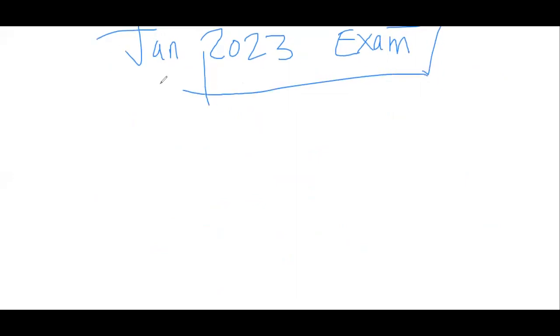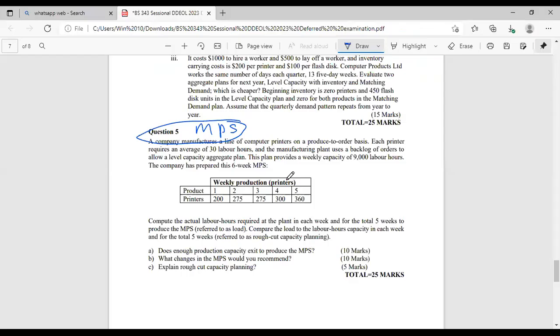For this question, a company manufactures a line of computer printers on a produce to order basis.